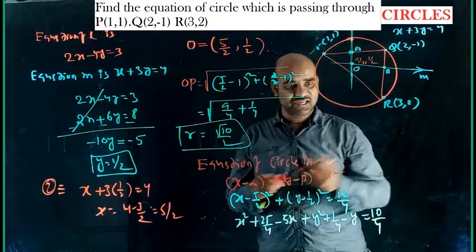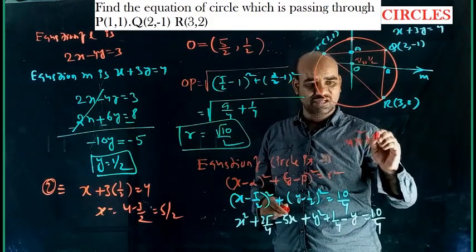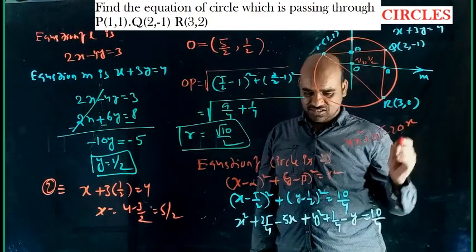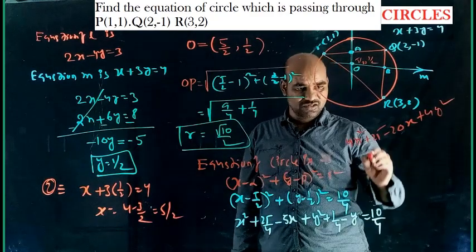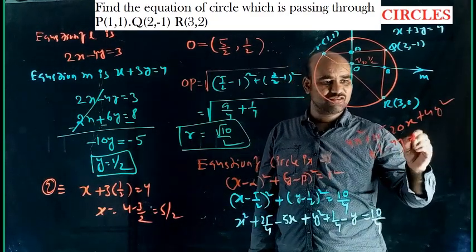So I want to write here 4x square plus 25 minus 20x plus 4y square plus 1 minus 4y equal to 10.